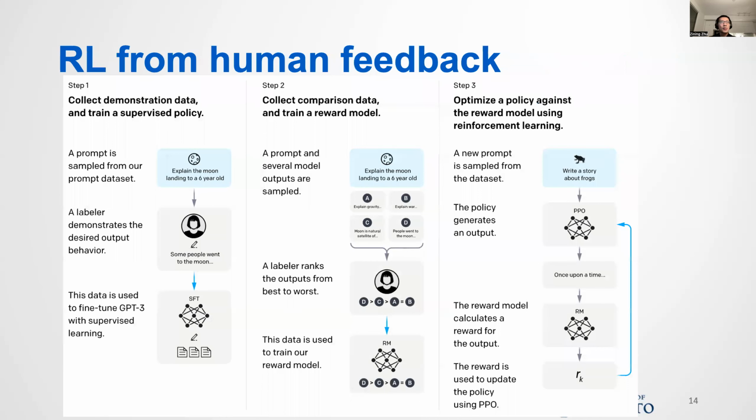Another important component is reinforcement learning from human feedback. The way that RLHF works is that you train a reward model that automatically predicts the quality of the generation and use this reward model to improve your language model, GPT-3, or in the language of the reinforcement learning researchers, the policy.